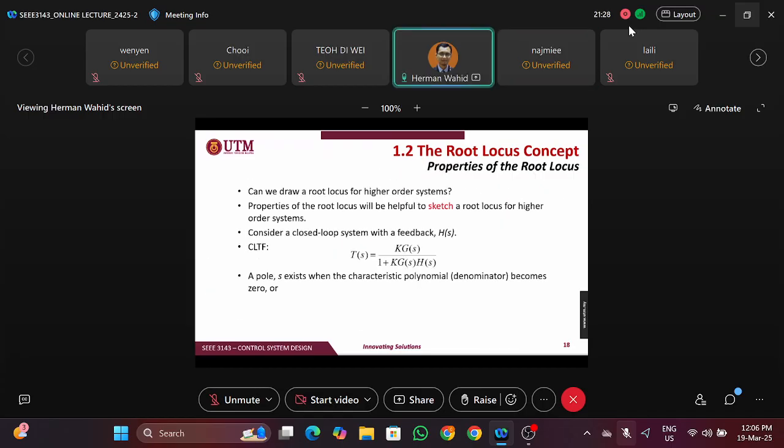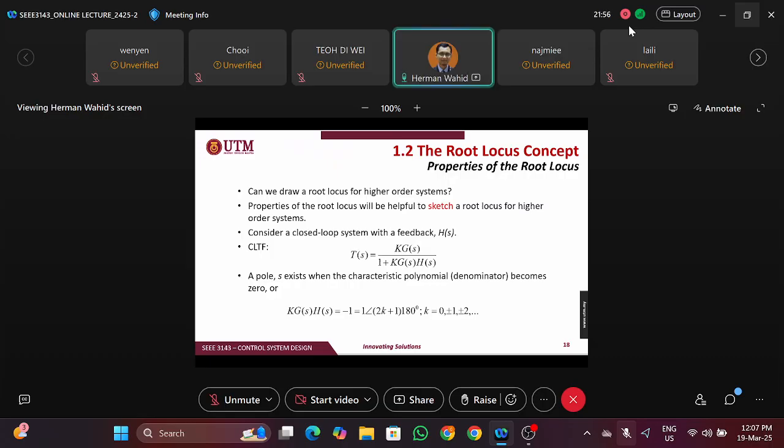So now we are going to look at another, more general concept of root locus, rather than doing point by point analysis like that, which is troublesome, where we need to try all those gains and then find the closed loop poles. It is quite tedious.